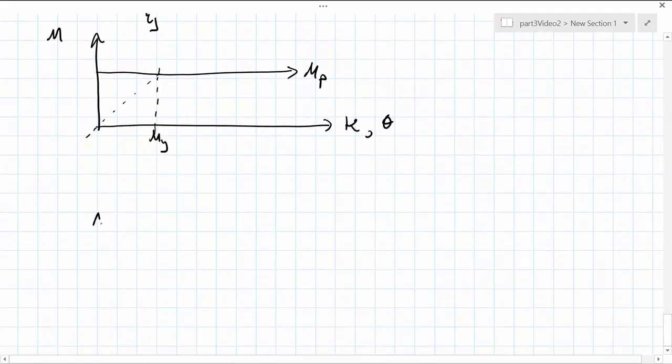For example, for a simply supported beam loaded by a concentrated force in the center, a plastic collapse mechanism occurs when a hinge, or a plastic hinge, forms at the center of the beam.